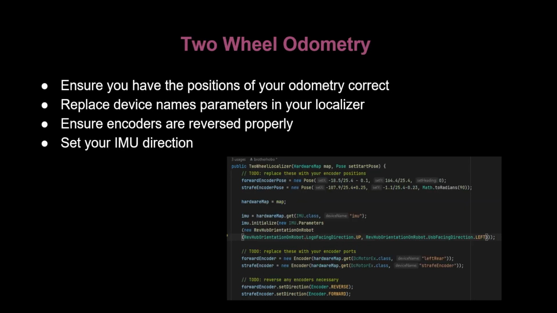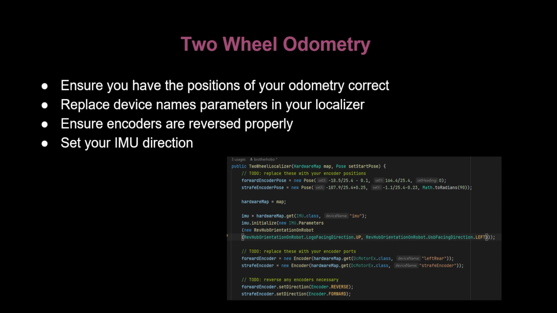We have 2-wheel odometry, where you can set your encoder poses, and you do have an IMU. You have the same thing with the forward and your strafe encoder, where you need to replace your encoder ports and reverse them, but make sure you set your encoder coordinates correctly. What we did is we have ours in millimeters, since we pulled it off our CAD, and transferred the millimeters over to inches.